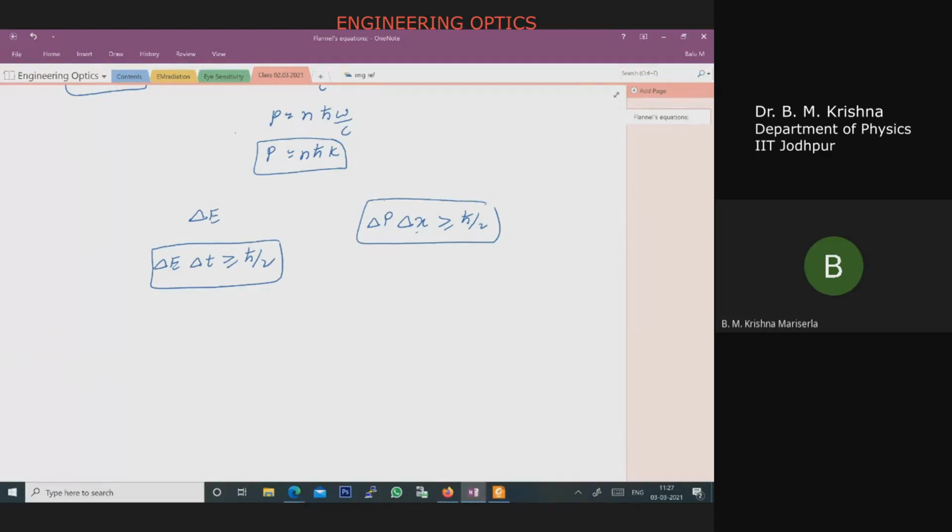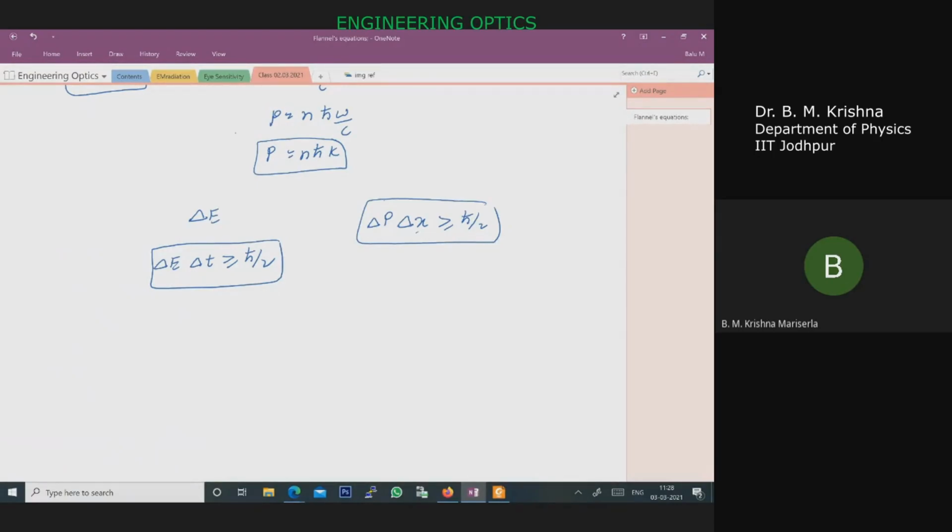It's almost impossible. That is why the Heisenberg uncertainty relations tell you that you cannot precisely measure these two parameters, either energy and time, or position and momentum, at the same time.